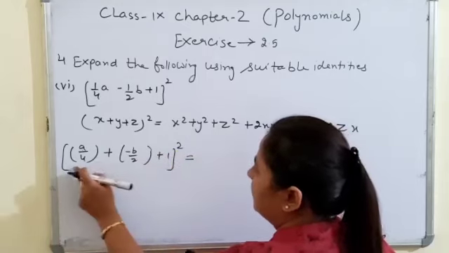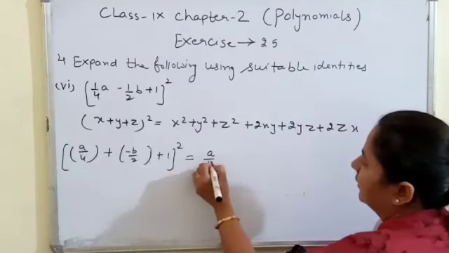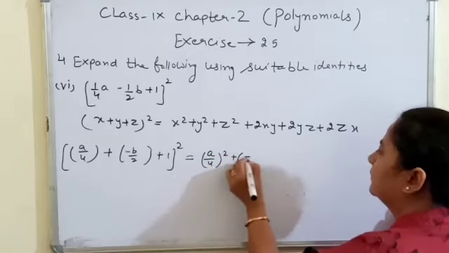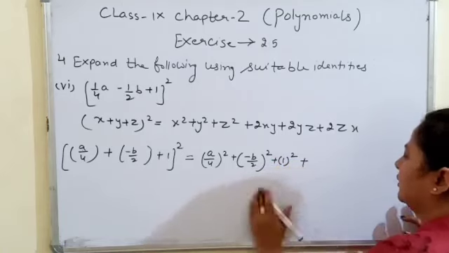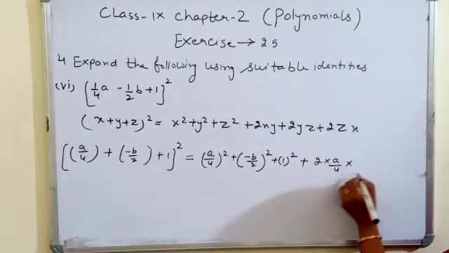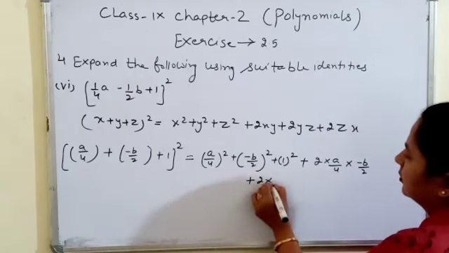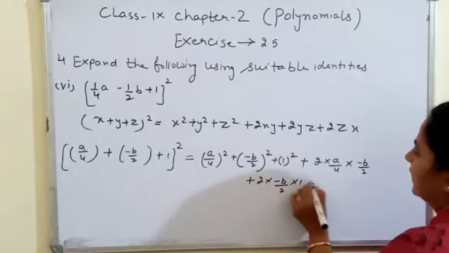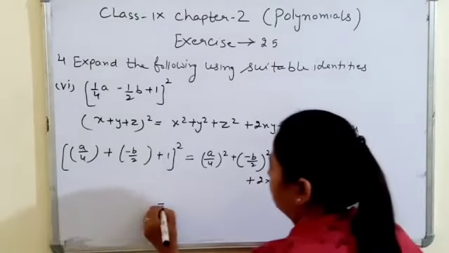So this is x, y and z. x square, y square, z square, 2xy, plus 2yz, 2zx.